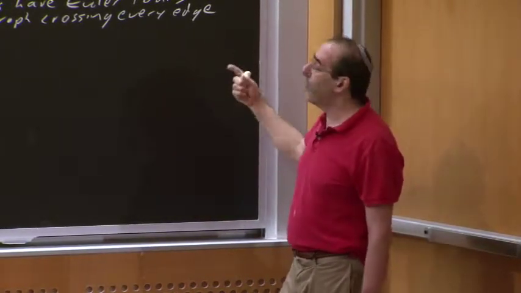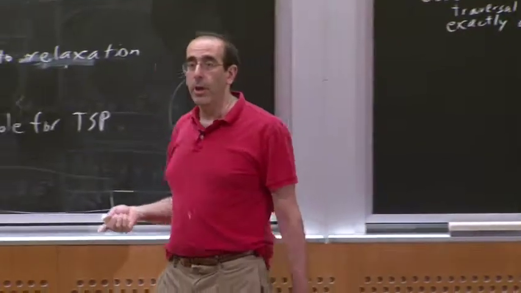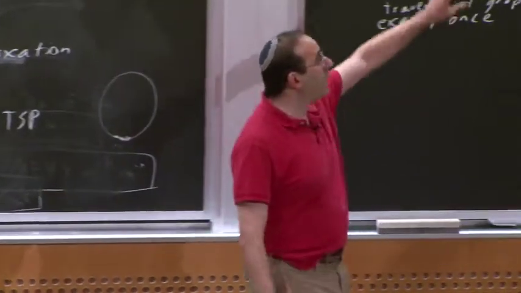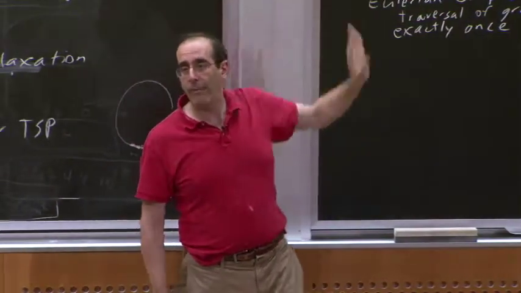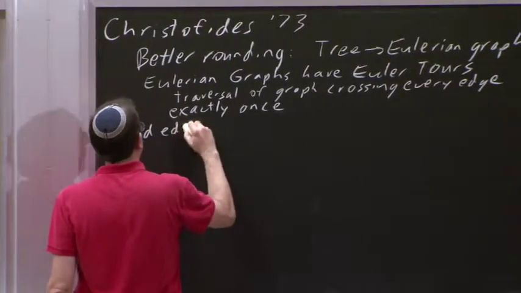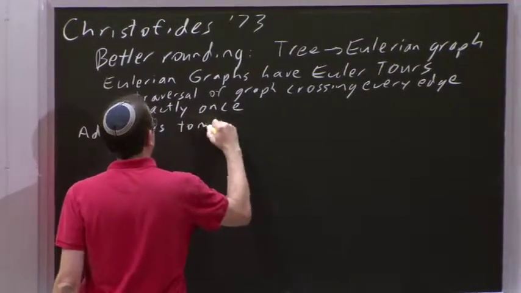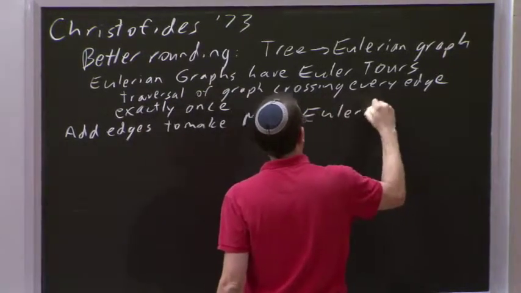Okay, so if you can create a connected graph with even degree, then you can traverse every edge exactly once. So that's what Christofides set out to do. He set out to take this minimum spanning tree and turn it into an Eulerian graph. Okay, so his idea was to add edges to make the minimum spanning tree Eulerian.